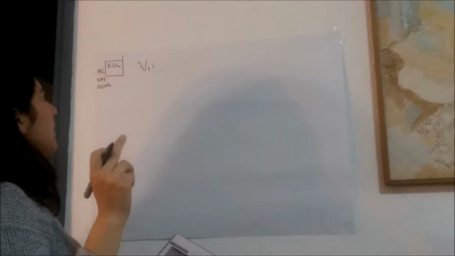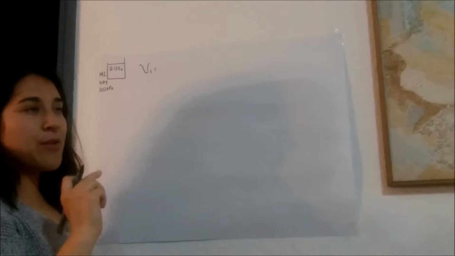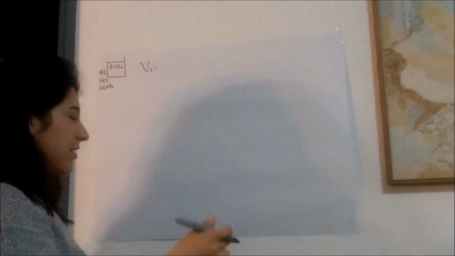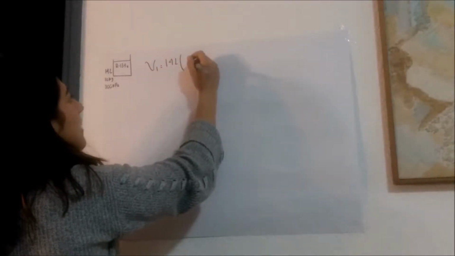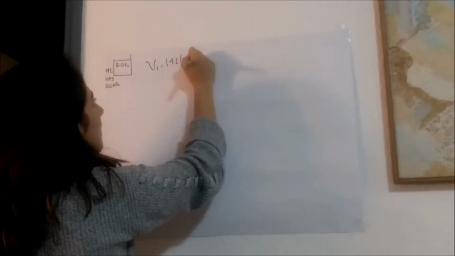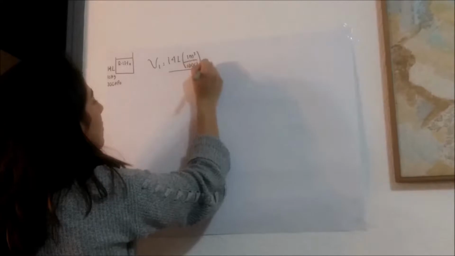Calculate our specific volume 1. We have to convert liters to cubic meters, over our mass. So we have the 14 liters, and in 1 cubic meter we have 1000 liters, and this over our mass, that is 10 kilograms.